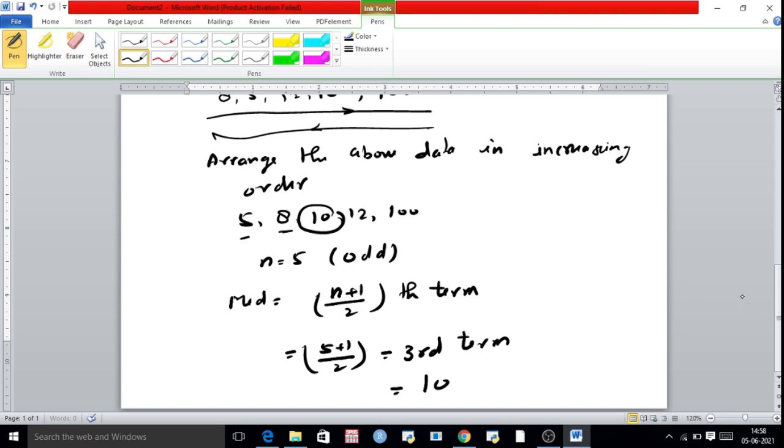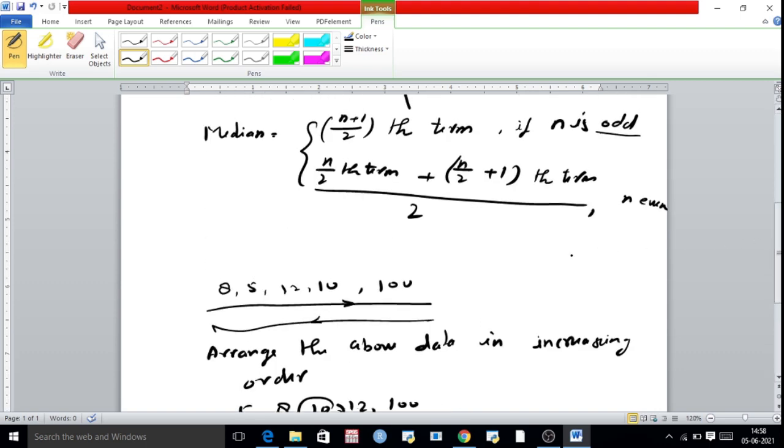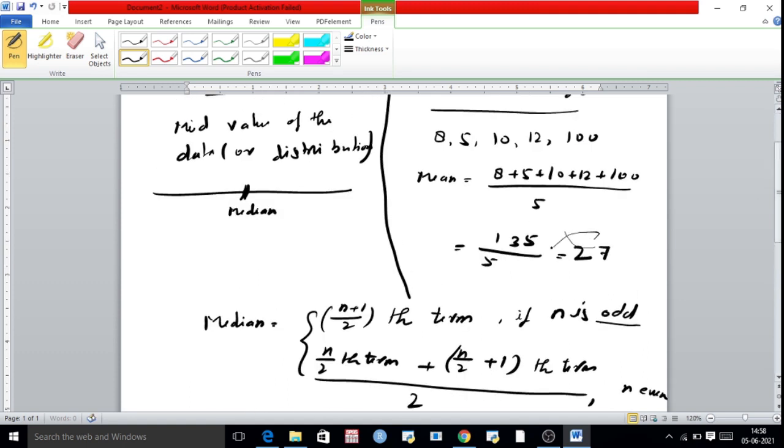Now see here, the average of these values is 27. So 27 is not representing 8, 5, 10 and 12, it is not close to these values, and neither is it close to 100. But when we find the median, it is close to 10. That's why we need another measure of central tendency that better represents the data.